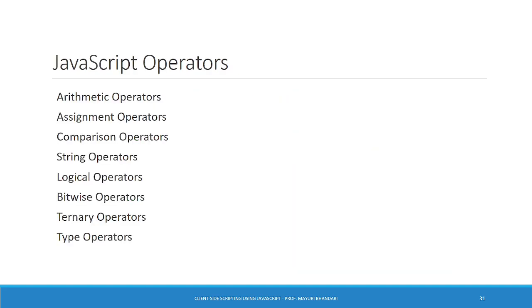Next topic is operators. We have all these types of operators in JavaScript like in other languages: arithmetic operator, assignment operator, comparison operator, string operator, logical operator, bitwise operator, ternary operator and type operator. These all are operators used in JavaScript.